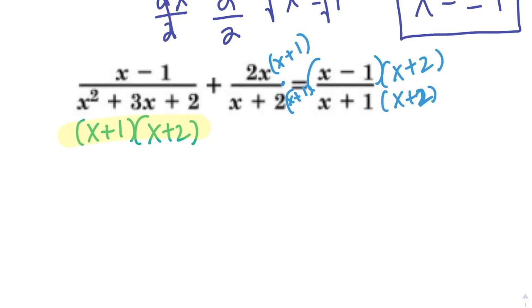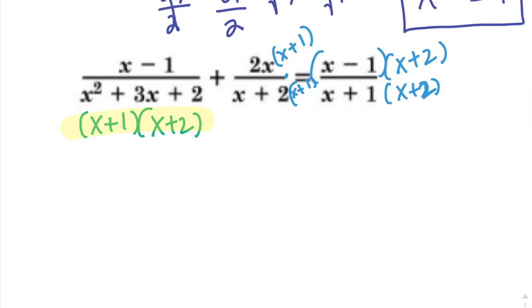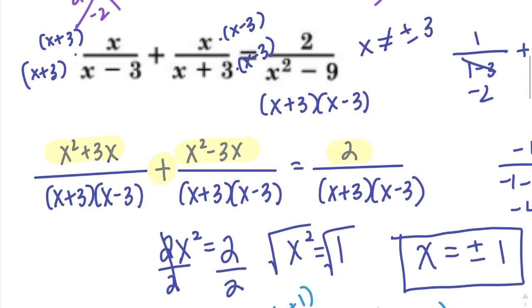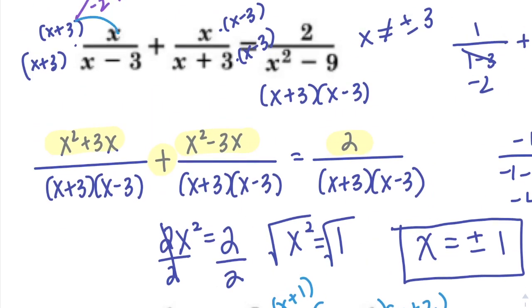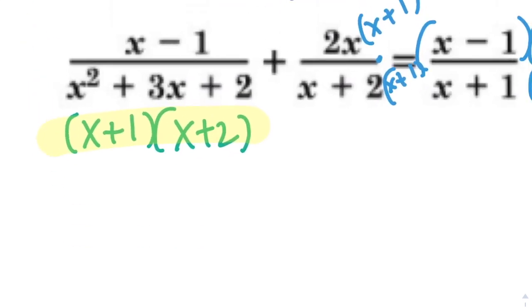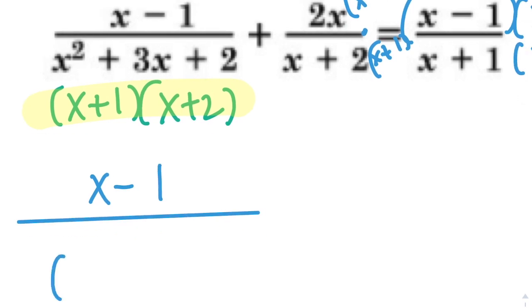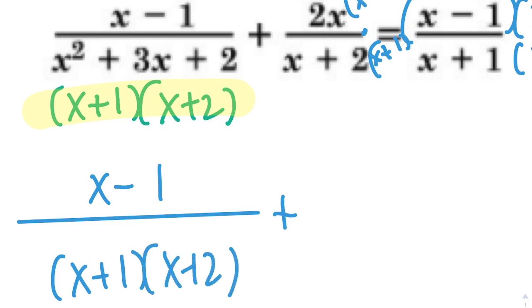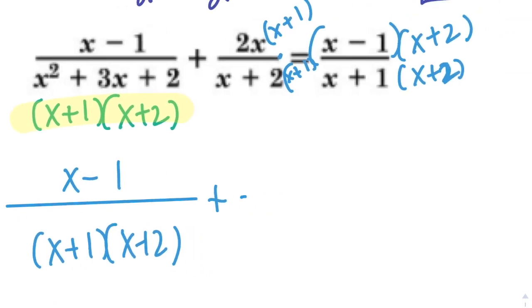Okay, remember in the denominator, I could leave it in the factored form, but in the numerator, I'm going to distribute everything out, just like I did on the problem before. It was just distributing an x to everything. So taking a look at this first one, that's just going to stay exactly as what it was, x minus 1 all over x plus 1 times x plus 2, plus, well, I did x plus 2 times x plus 1, which is the same thing as x plus 1 times x plus 2.